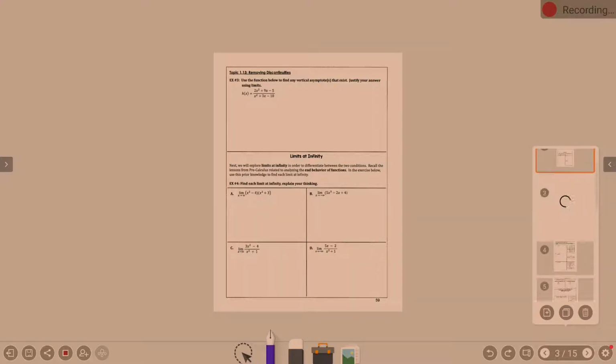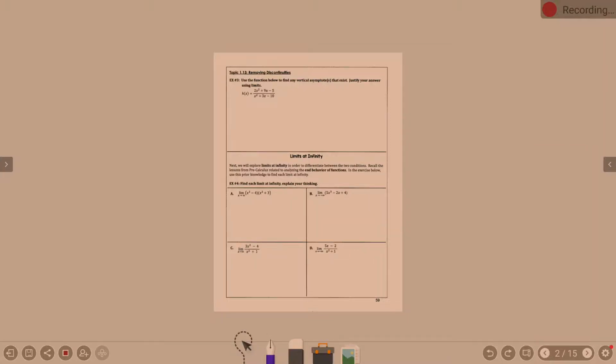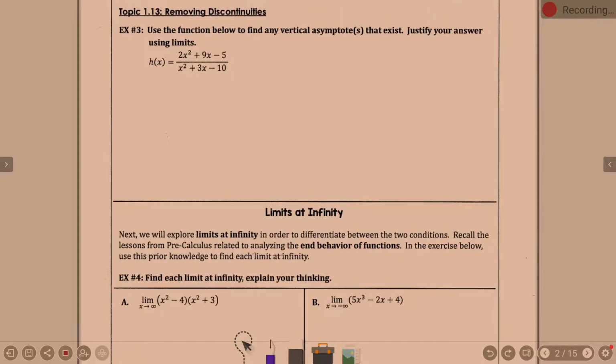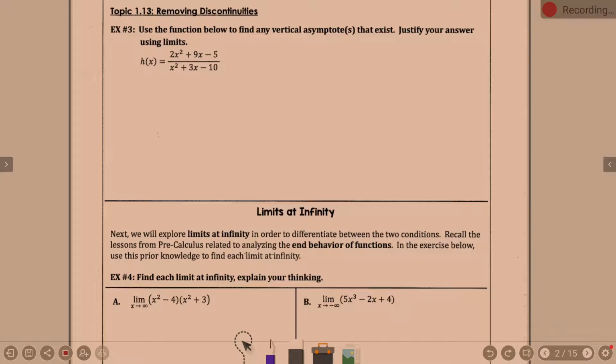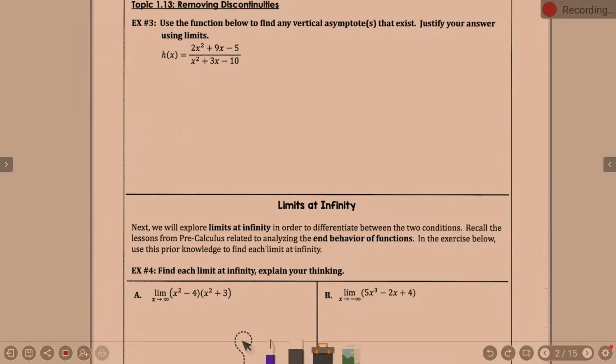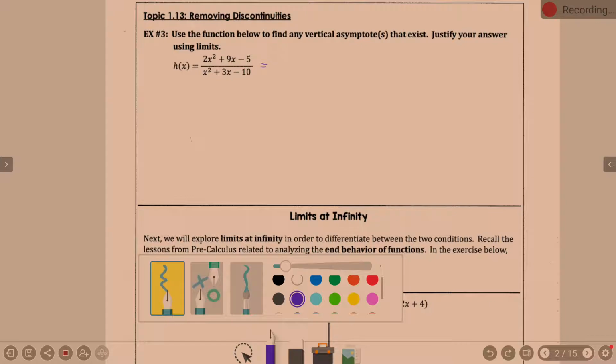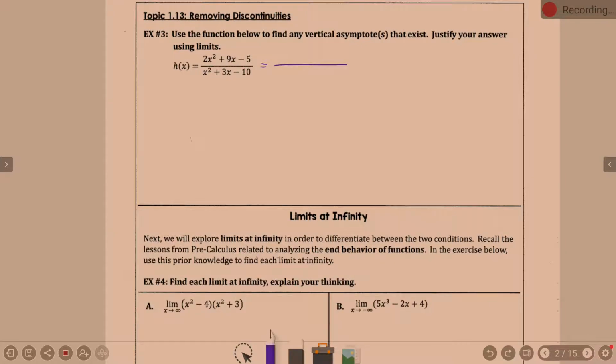Since I have another page 59, I can zoom this in and not have to write so small. Okay, are you guys factoring without me? No? Why not? Come on, guys. Do the math. Factor without me. Start with the denominator if you want.